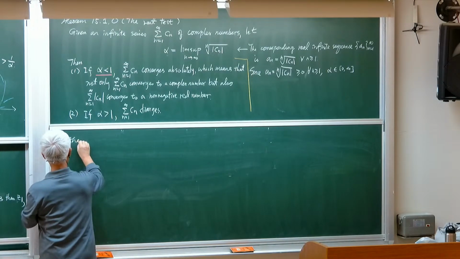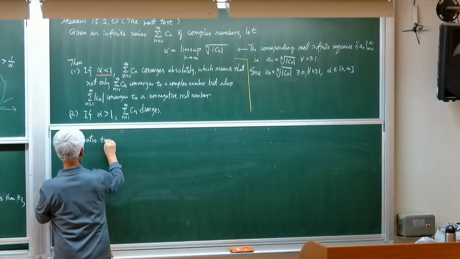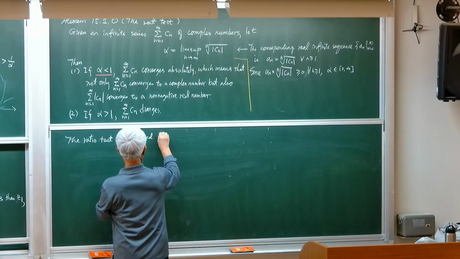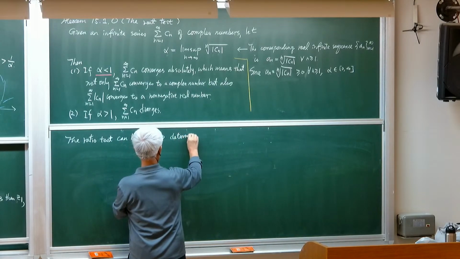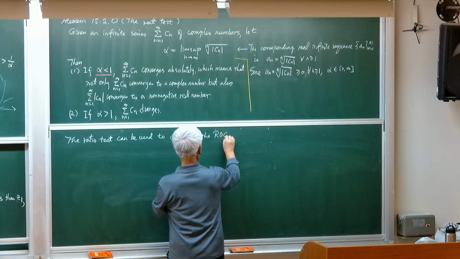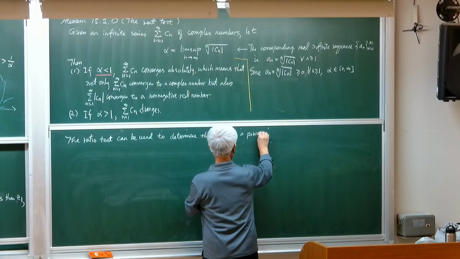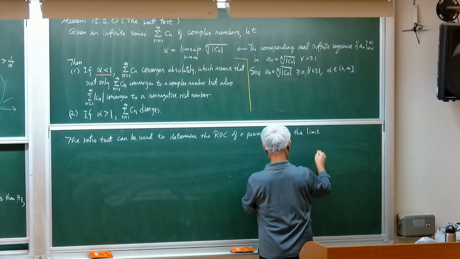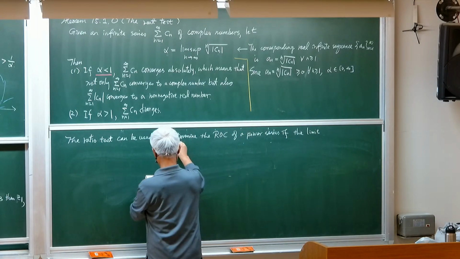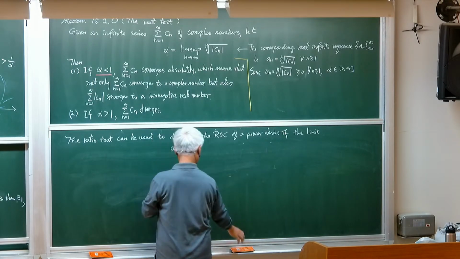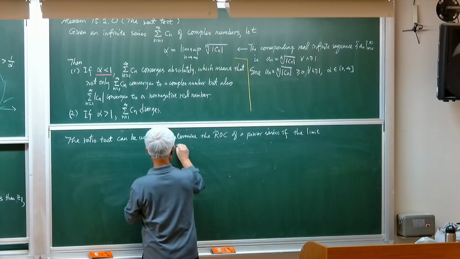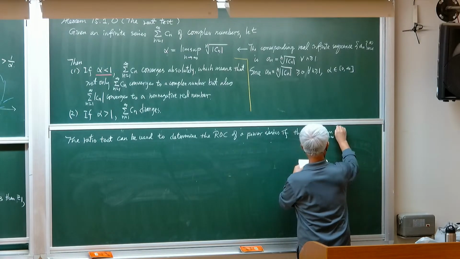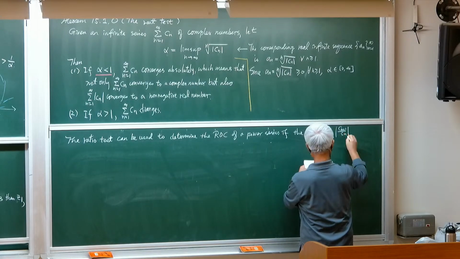All right. Another, the ratio test can be used to determine the radius of convergence of a power series if the limit as n goes to infinity of Cn plus 1 divided by Cn exists.